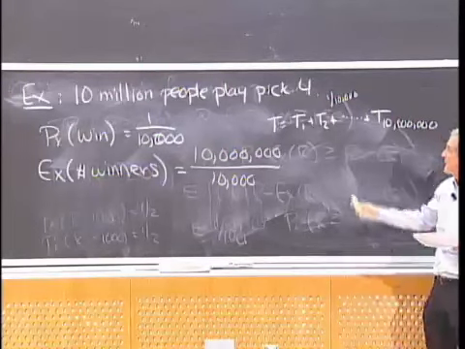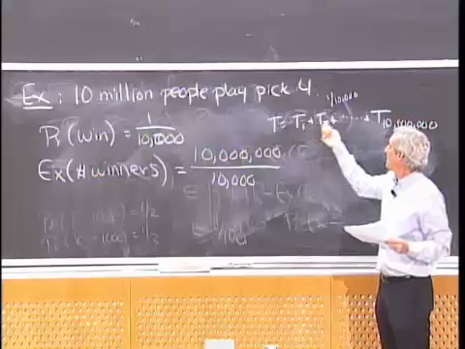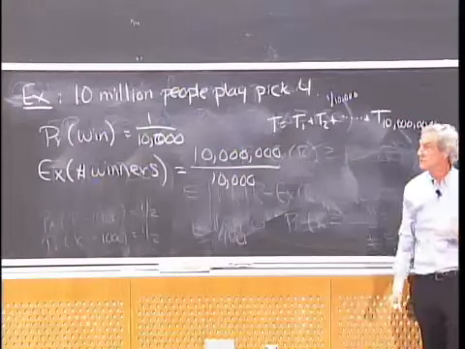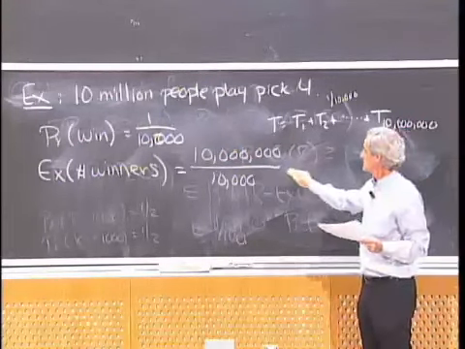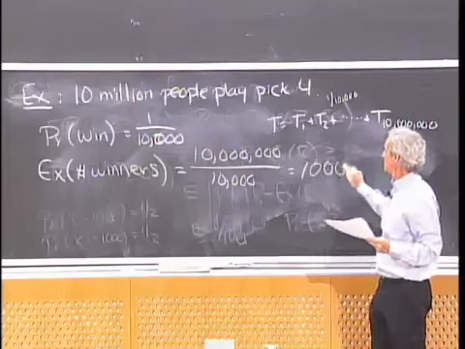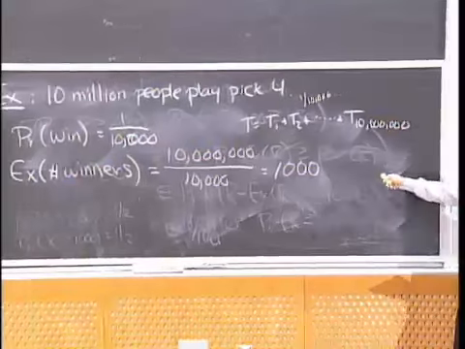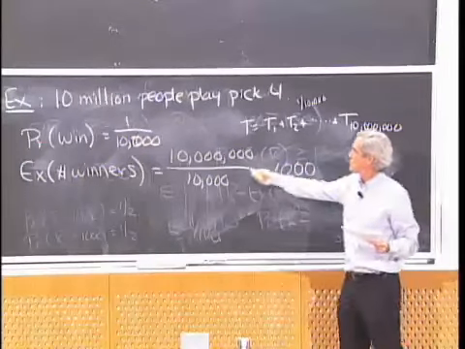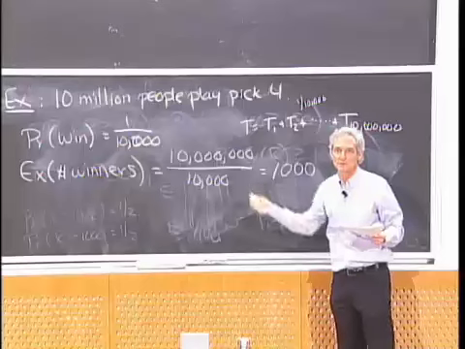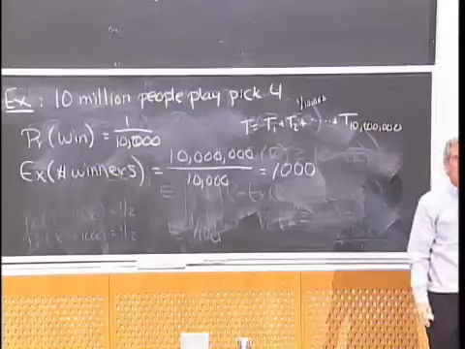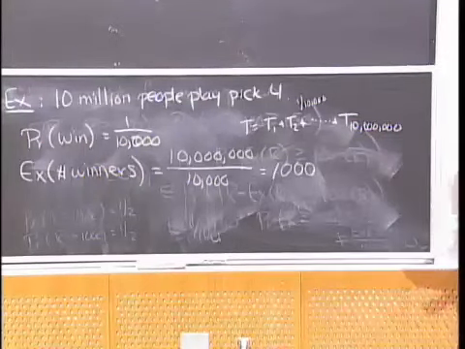So the expected number of winners is 1 in 10,000 added 10 million times, which is this. Is that okay? Everybody should be really familiar with how to whip these things out. This for sure will have probably at least a couple questions where you're going to need to be able to do that kind of stuff on the final. Okay?